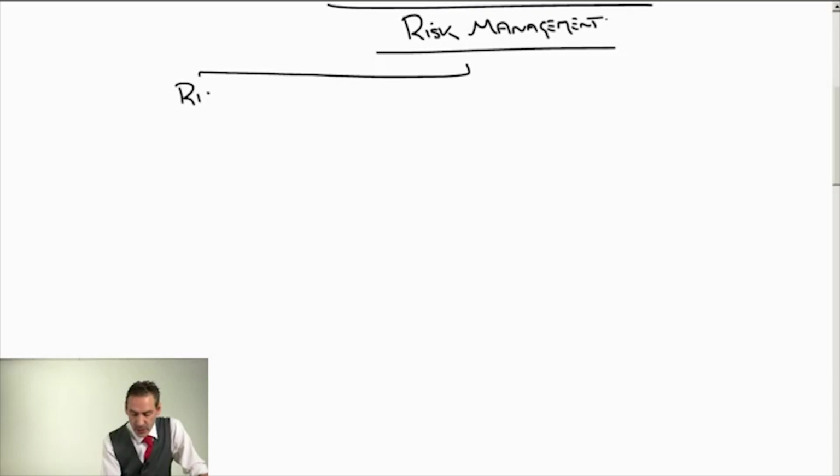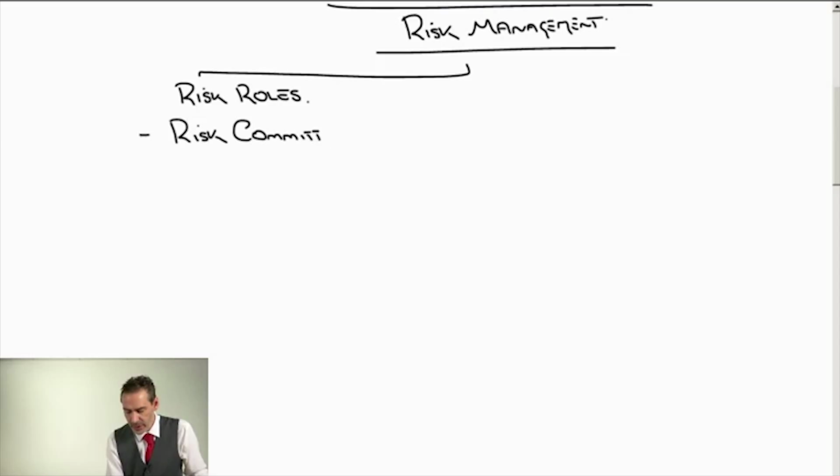With risk, we started off, quite unusually, with risk roles, but it seemed more appropriate to deal with that. What you know in relation to it is that it's essentially about 2 things: the need for strategic risk management in terms of the risk committee, and then at the tactical level, the role of a risk manager.